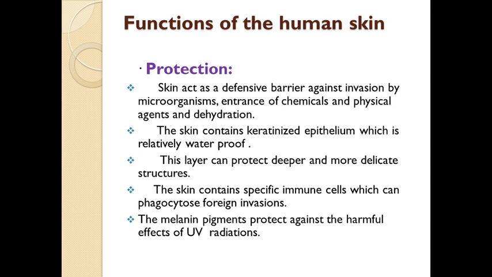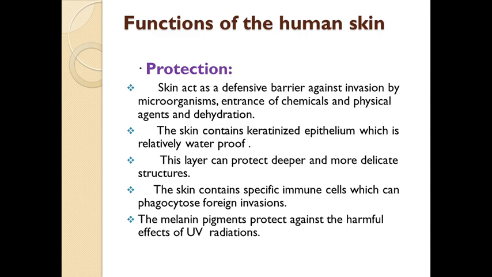The skin acts as a defensive barrier against invasion by microorganisms, entrance of chemicals and physical agents, and dehydration. We have learned that in microbiology, it can act as a physical barrier. Then, skin contains keratinized epithelium, which is relatively waterproof. This layer can protect deeper and more delicate structures of the skin.